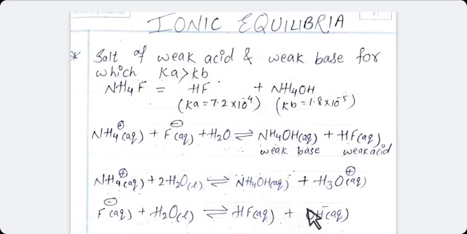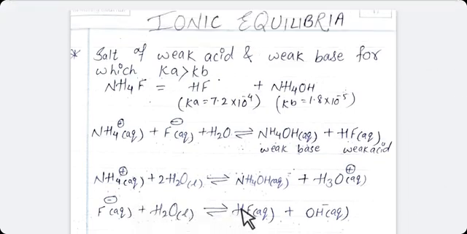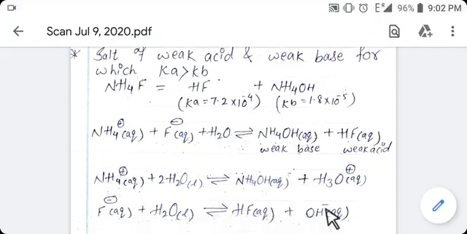So in the hydrolysis of the salt, we have seen NH4⁺ and F⁻ with water give NH4OH plus HF. These two ions, NH4⁺ and F⁻, react with water. NH4⁺ reacting with water gives ammonium hydroxide and hydronium ion, and F⁻ reacting with water gives HF plus OH⁻ ion.